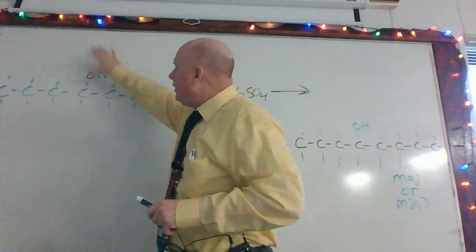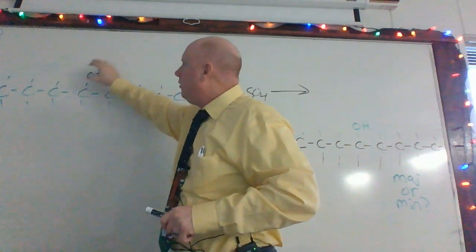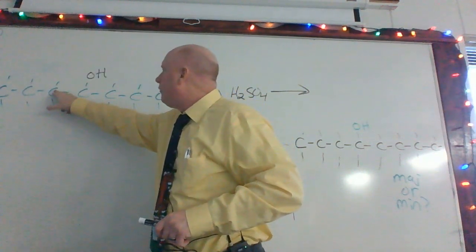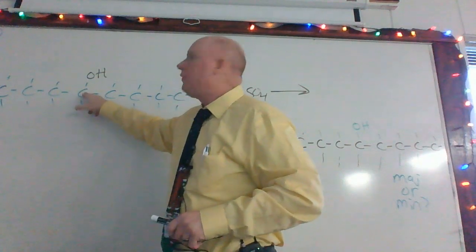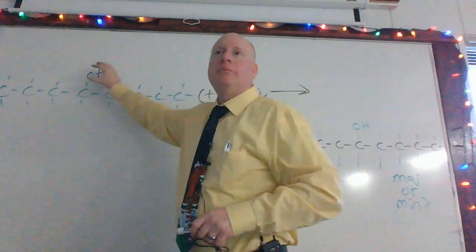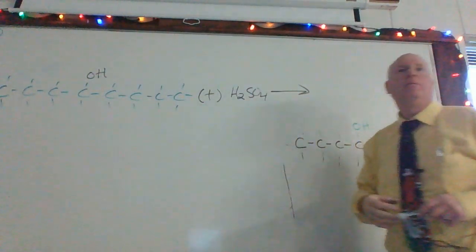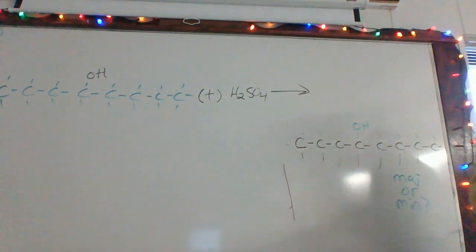When this OH gets stripped off, what happens after carbon 3 or carbon 4? When that comes off, it's going to form what type of organic family? Well, it's dehydrating, yes. But what does it form?